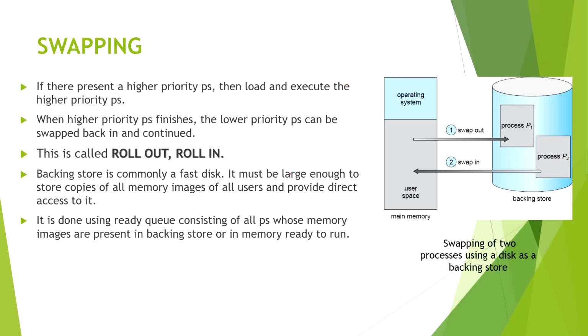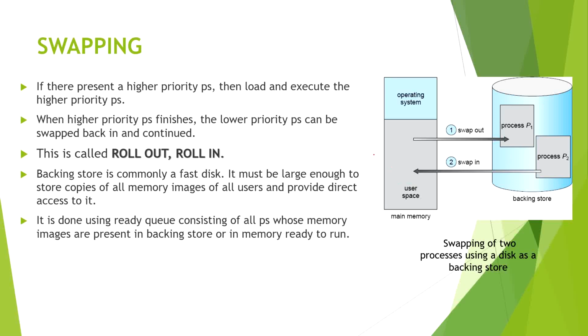Now talking about swapping. As we discussed in earlier slides, if we don't need any process, then we can store it in a backing store, and if a higher priority process is requesting attention, we can directly fetch that process from the backing store and continue to execute.